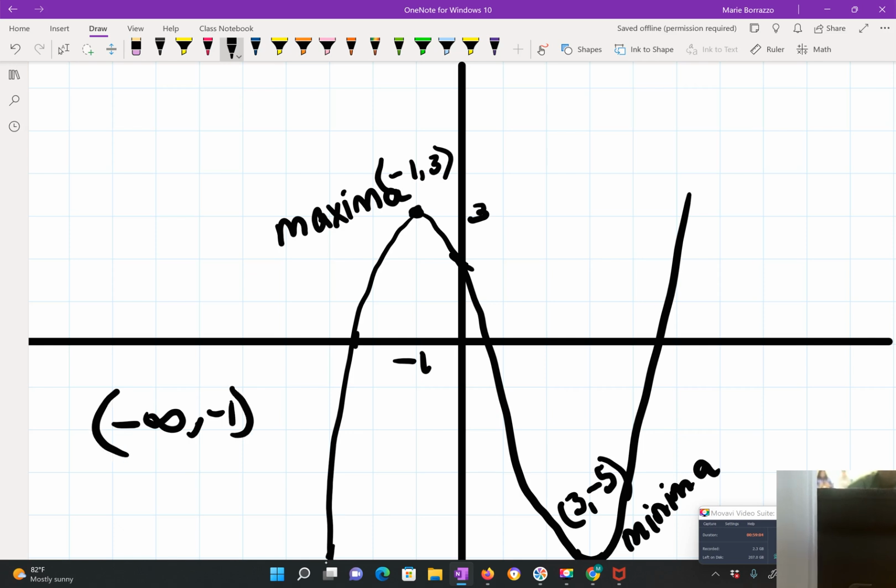Yeah. And we can argue that from -1 to +3, I'm going to write the positive on purpose, we are decreasing. Would you agree? Yes. And from +3 to positive infinity, obviously we are increasing. That's all they need you to know in this example.